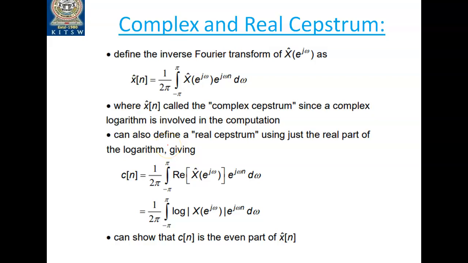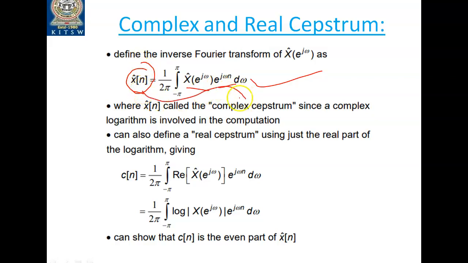To distinguish the complex cepstrum from the real cepstrum, now we focus on the inverse Fourier transform of x cap of e power j omega, which can be given by the mathematical expression, like the normal inverse z domain: x cap of n equals 1 upon 2 pi, integration from minus pi to pi, x cap of e power j omega into e power j omega n d omega. Here x cap of n is called the complex cepstrum.